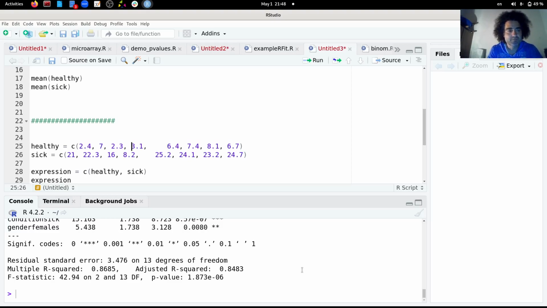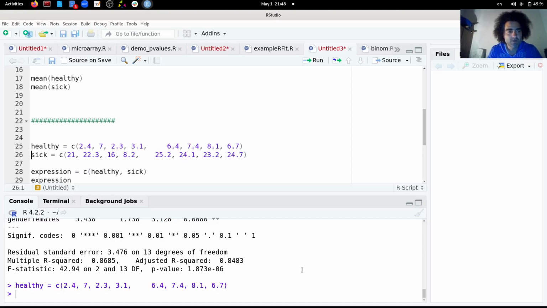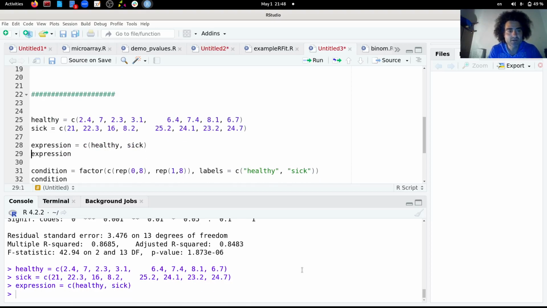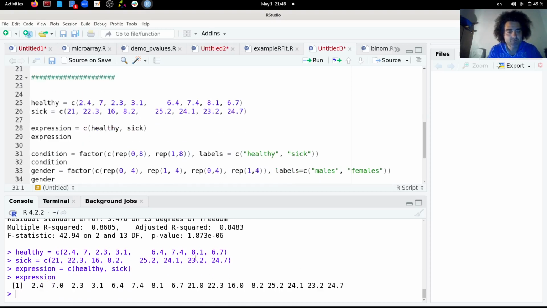Okay, anyway, let's go. The expression value is the concatenation of healthy and sick. So these are the expression values that we have, 8 plus 8, 16 expression values. The first 8 are healthy, the last 8 are sick. The first 4 are males, then we have 4 females, then 4 males, and then 4 females, because we concatenate like that.